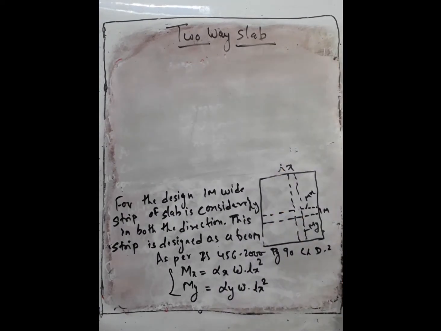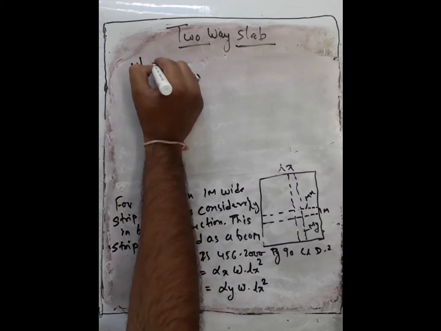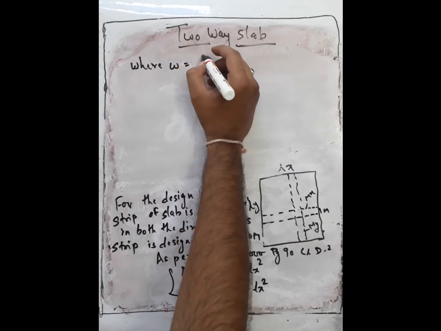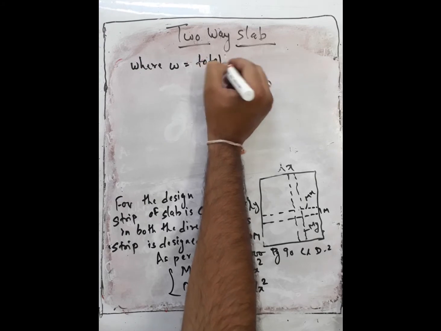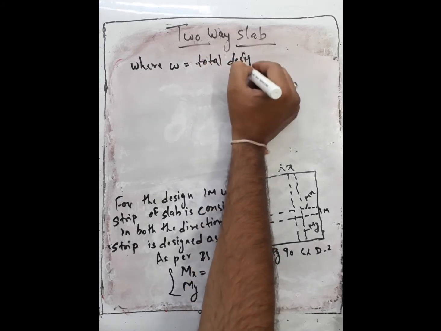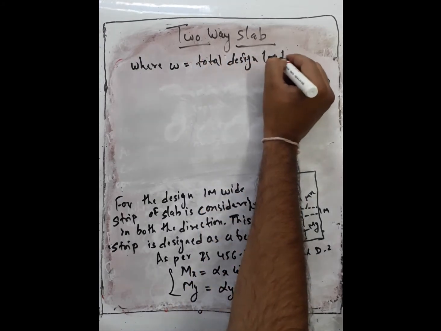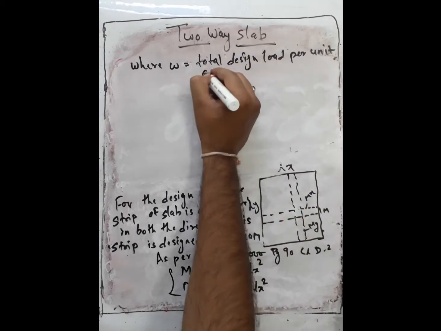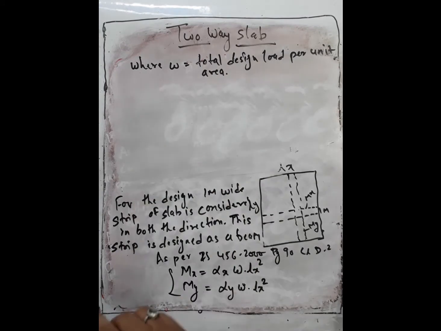So here, W is equal to total design load per unit area.